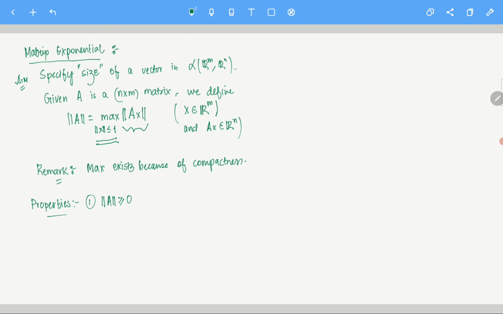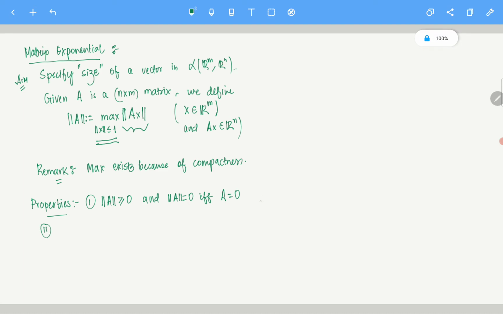Those properties are getting transferred here because of the way it is defined. That is why norm of A is greater than or equal to 0, which is quite easy to see, okay. And also norm of A is equal to 0 if and only if A is equal to 0, okay. I want you guys to please do it yourself. Don't leave anything, okay. Prove everything, even if it is very trivial, try to prove it, okay.